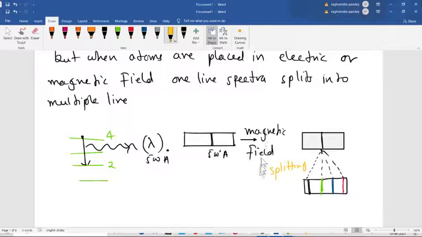So what is happening here? Why is it splitting? Until now we have studied that it gives only a single wavelength because that is the gap. It has some energy value, and that energy value will give a single wavelength. But we have multiple values of wavelength when we put it in the magnetic field. That is called splitting.